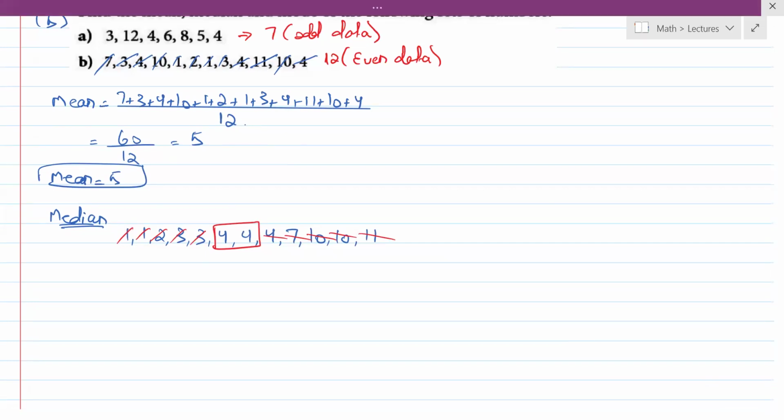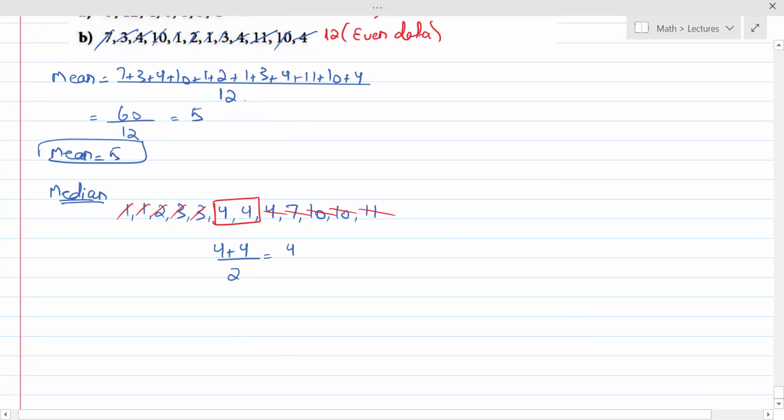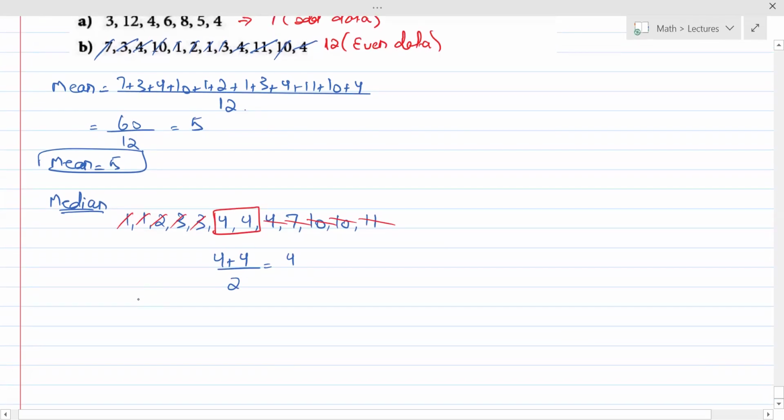So the average of the 2 values here would be 4 plus 4. Since there are 2 values, 4 plus 4 upon 2 it would be. So that would give us 4 only. In this case, median is 4.